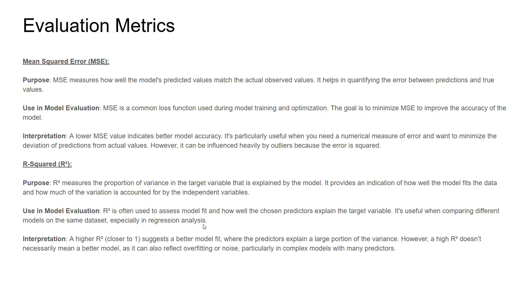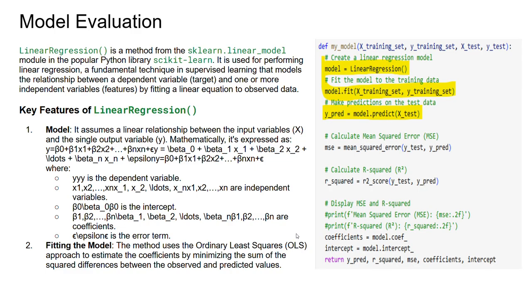That's what we are doing now. A higher R2 closer to 1 suggests a better model fit, where predictors explain a large portion of the variance. However, a high R-square does not necessarily mean a better model, as it can also reflect overfitting or noise, particularly in a complex model with many predictors. This we have seen in the course too.